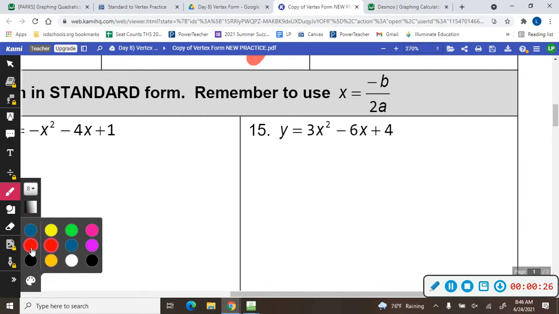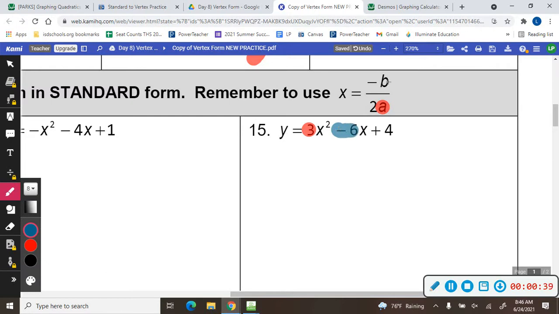And so looking at this, remember, this is your a value. So that will go here. This is your b value. That will go here. And you actually don't need the c for the vertex.